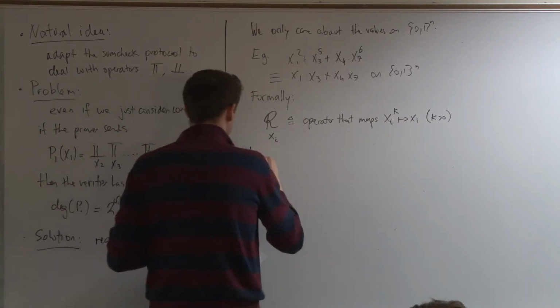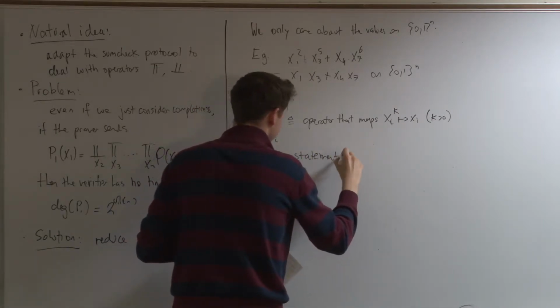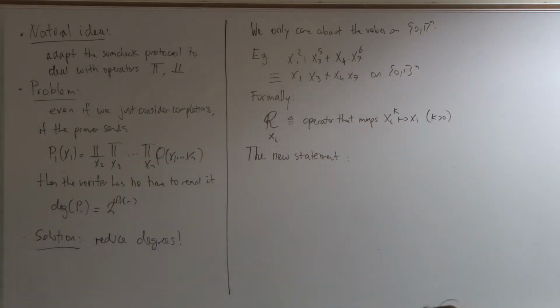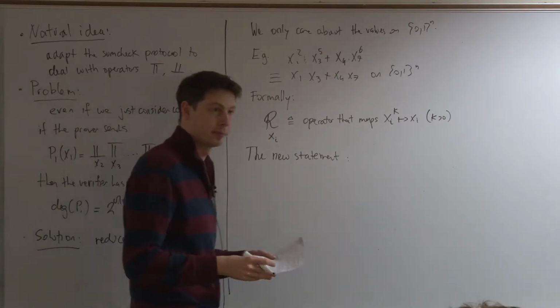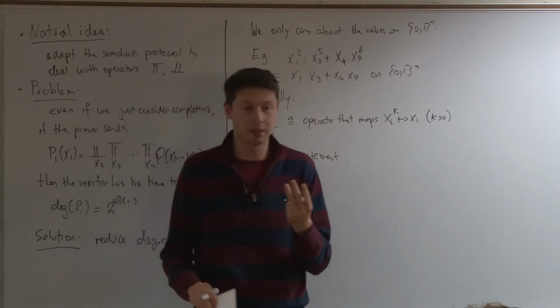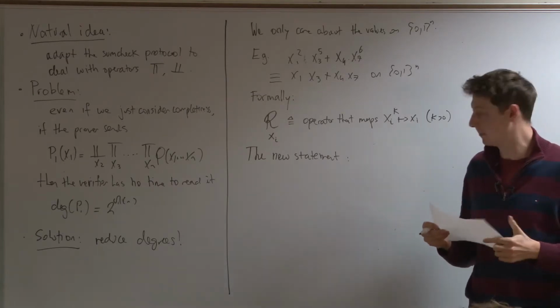So the new statement that we want to prove is what? We're not going to look at the previous statement. We're going to look at some other statement that involves these other operators. Where do we sprinkle these? So I'm going to have three types of operators: the product, the anti-product, and a degree reduction operator.